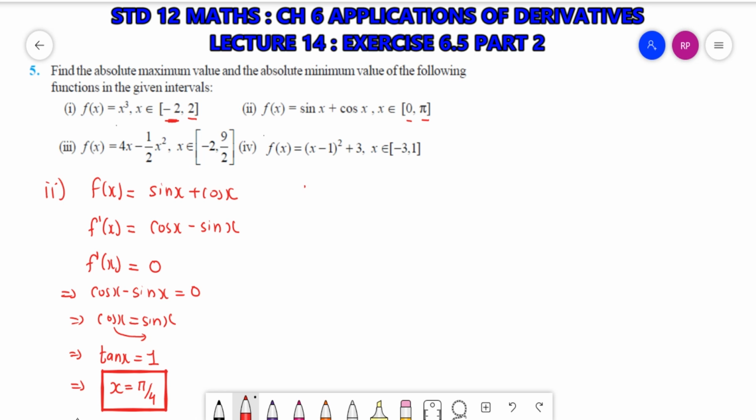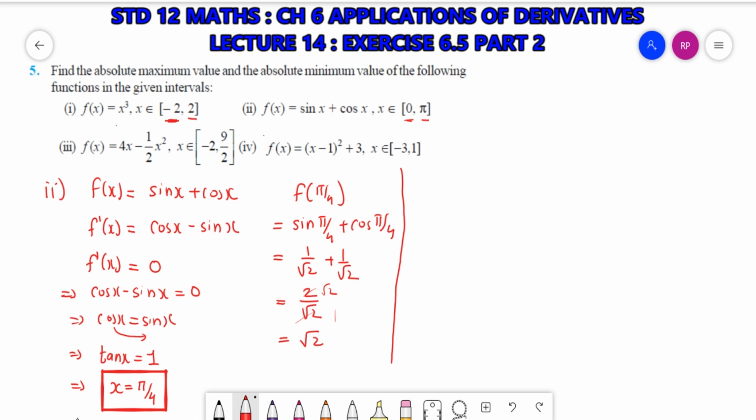Now f of pi by 4 is sin pi by 4 plus cos pi by 4. So this is equal to 1 by root 2 plus 1 by root 2, that is 2 by root 2, and that is equal to root 2. F of pi by 4, we got root 2.